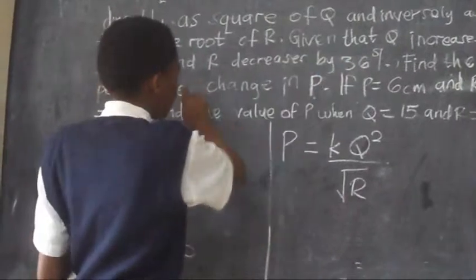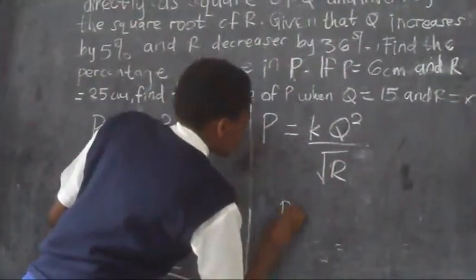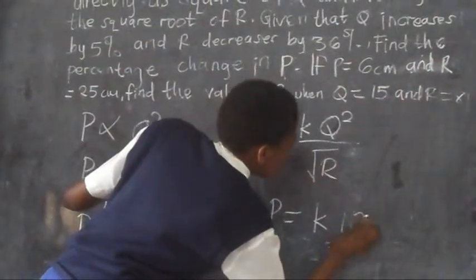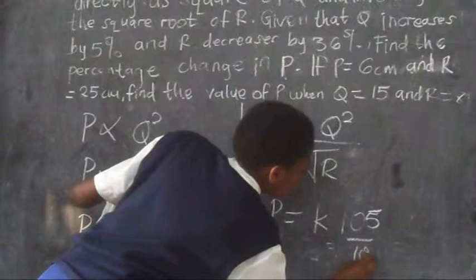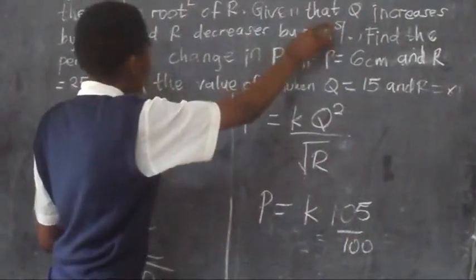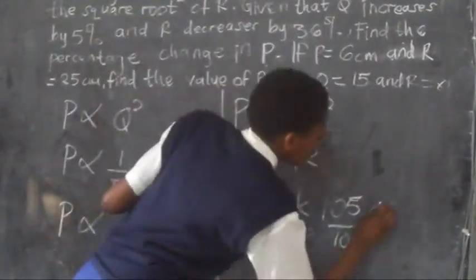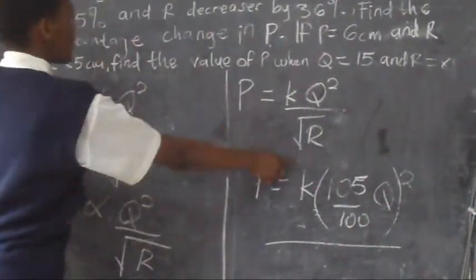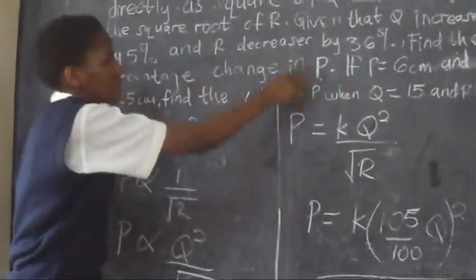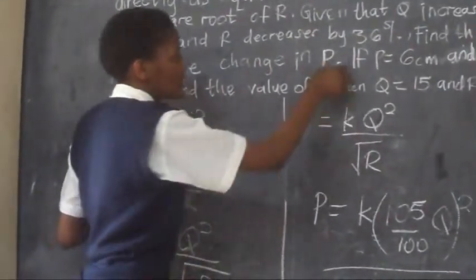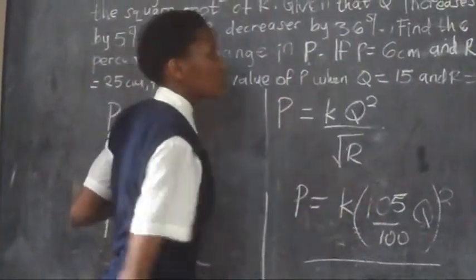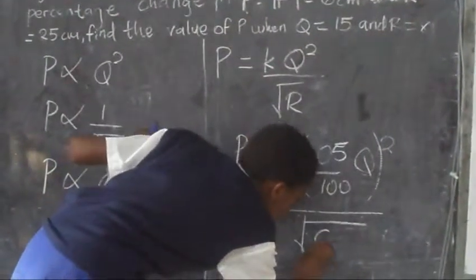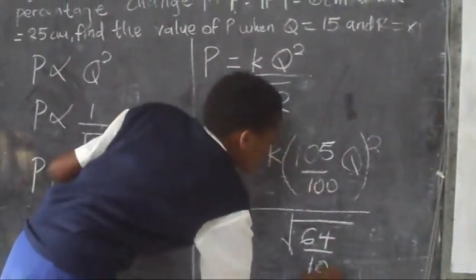So P is equal to K times 105 over 100, which is our percentage form of 105%, Q squared over root R. R decreases by 36%, so we'll have 64%. Therefore, our root R will be root 64 over 100 R.